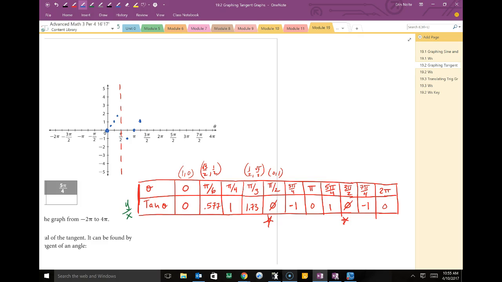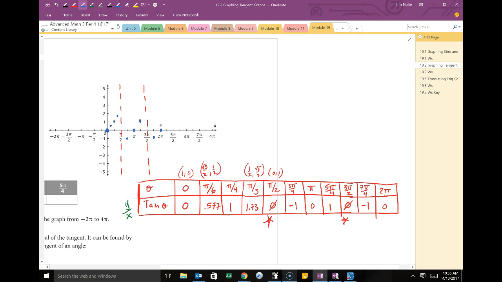Vertical asymptote. So that's another place where you're dividing by 0. It's illegal to divide by 0. Okay, at 7 pi over 4, we're at -1. And at 2 pi, we come back and cross the x-axis.